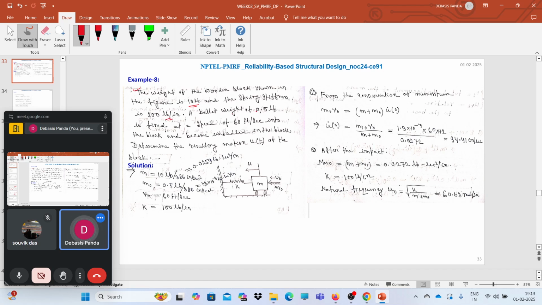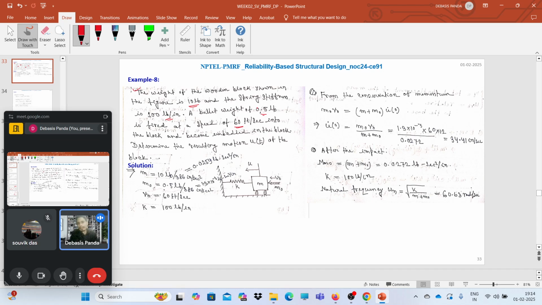A bullet weighing 5 lb hits this mass at a speed of 60 feet per second and is embedded into the system. That means the bullet is actually providing the initial velocity to the system. So it's a free vibration case where we need to find out the resulting motion of the system.